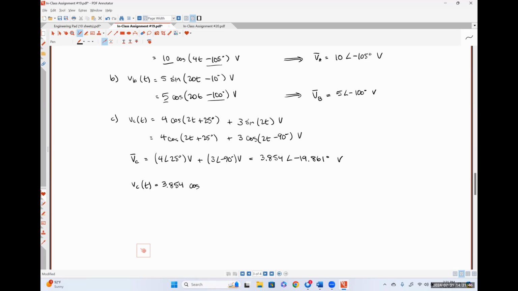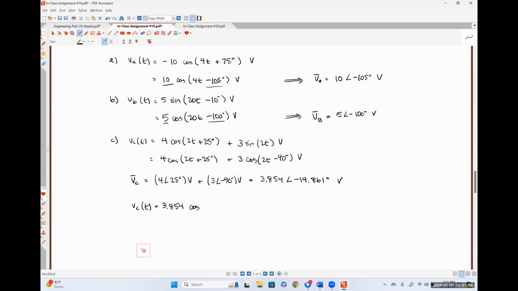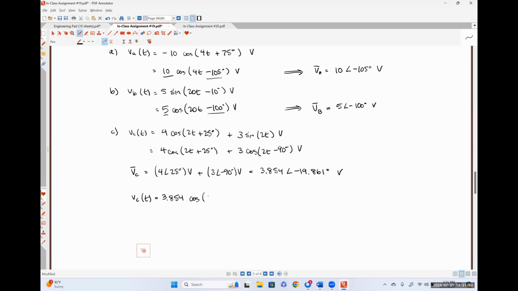We would put back in our cosine. Our angular frequency was 2, so we'd have 2t, and then we plug back in our phase angle, negative 19.861 degrees volts, which is exactly what we did in class on Monday.